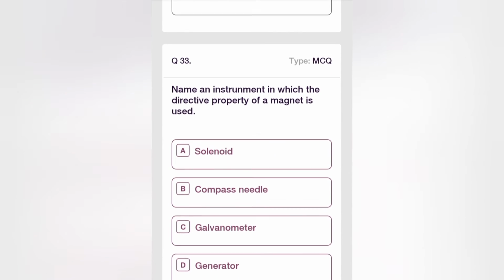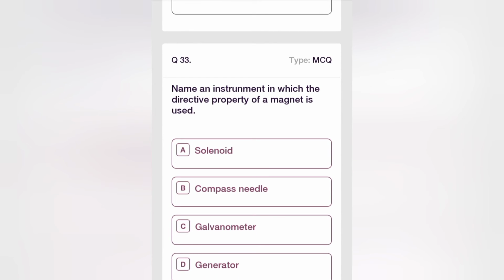Name the instrument in which the directive property of the magnet is used. Solenoid, no, it doesn't give the directive property. Compass needle, yes. Galvanometer will detect the presence of current. Generator will convert mechanical energy to electrical energy. So the directive property is by compass needle. Option B.